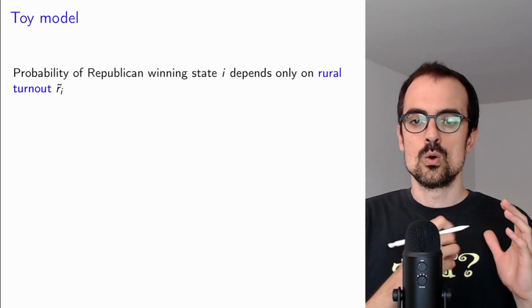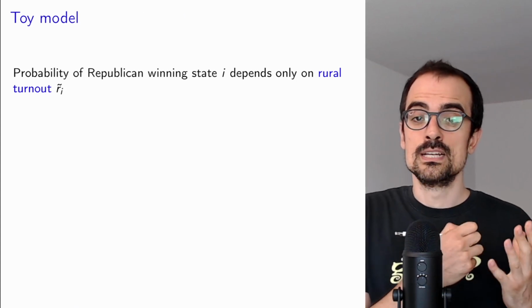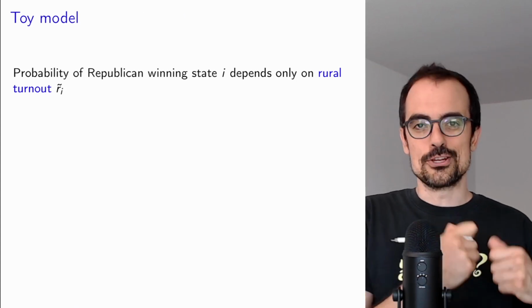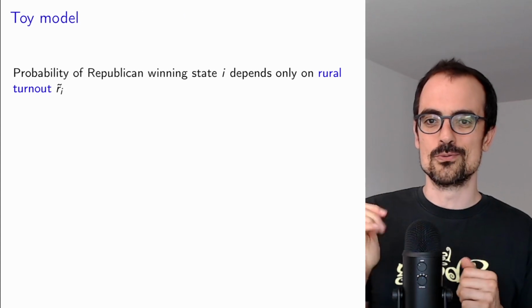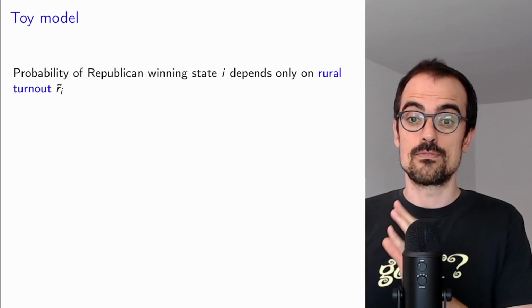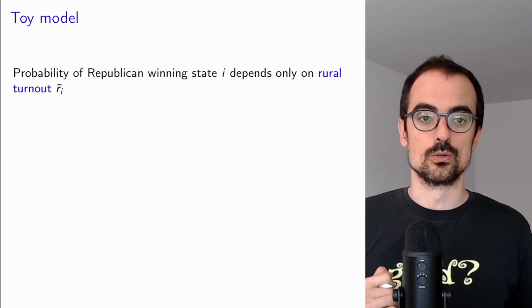And that's why when asking people in polls, there's often a question which is, are you sure you're going to vote? Are you completely sure you're going to vote? Maybe you will vote, maybe you won't. And some forecasters just use people who are very, very sure that they are going to vote.